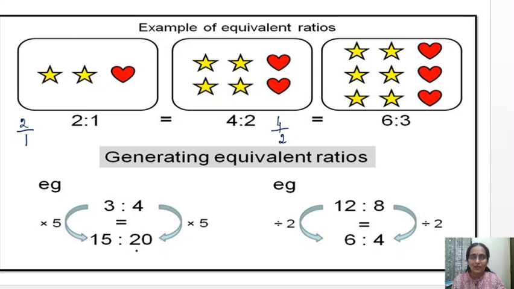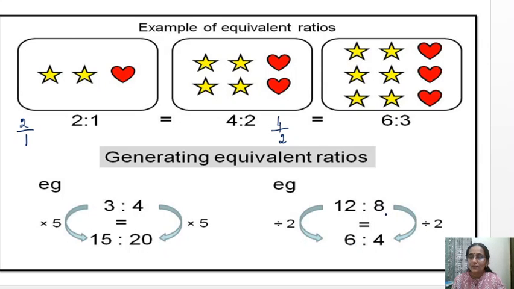You can get the equivalent ratio by multiplying with the same number: 3 into 5 is 15 here, 4 into 5 is 20 here. 15:20 is the equivalent ratio for 3:4. Now when the ratio is given as 12:8, when you divide the first term by 2, you will get 6 as the first term of the second ratio.